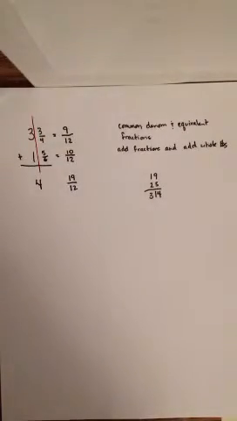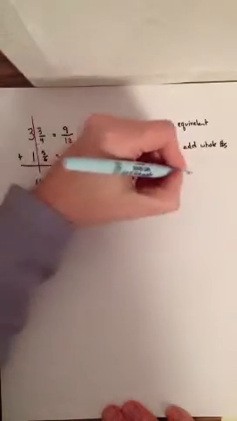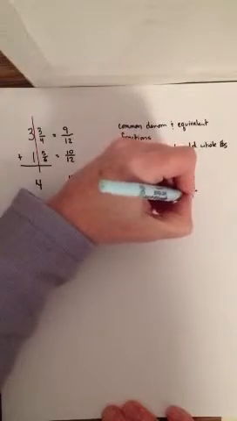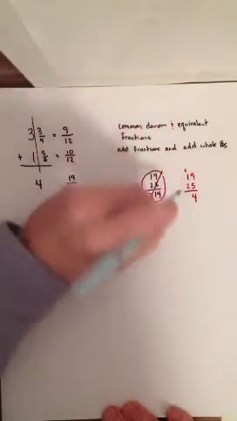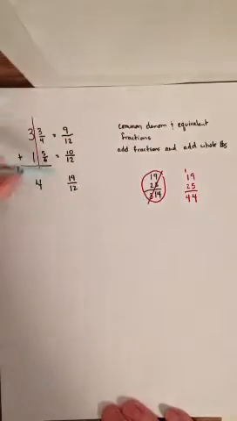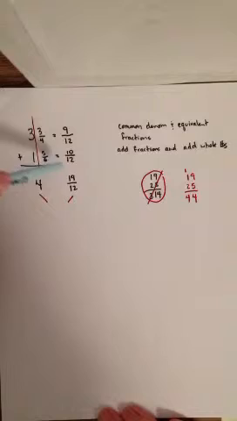We all know that that doesn't work, that you're required to write just the ones place and then carry the 10 over to the tens place. So the same thing is true when you're writing a mixed number.